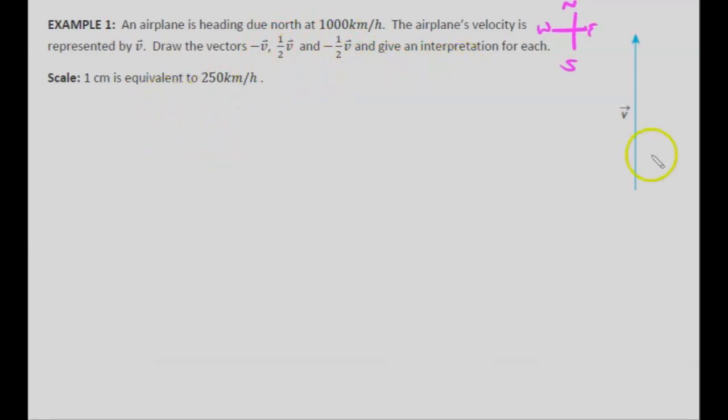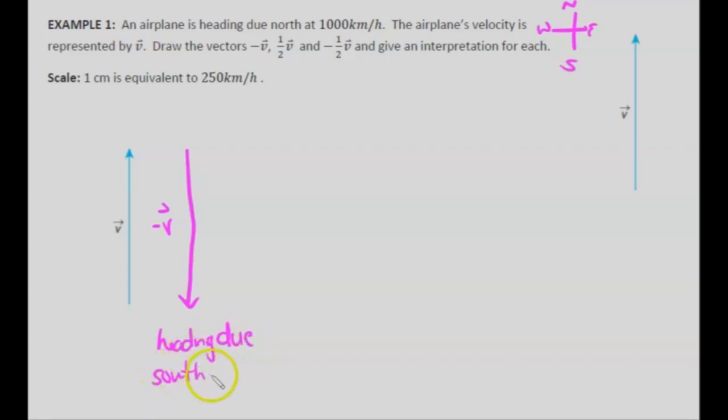I'm going to put this one down here so we can work in the middle of the screen. For negative v, v goes north, so negative v is going to go south. Negative vector v means heading due south at 1,000 kilometers per hour.